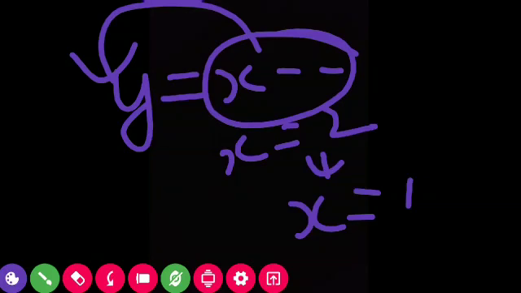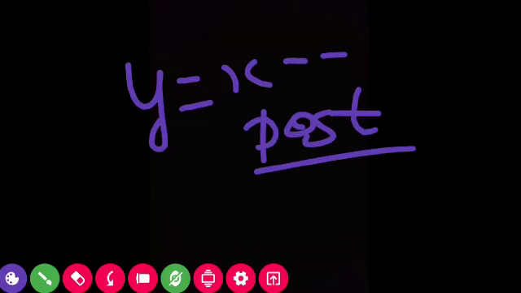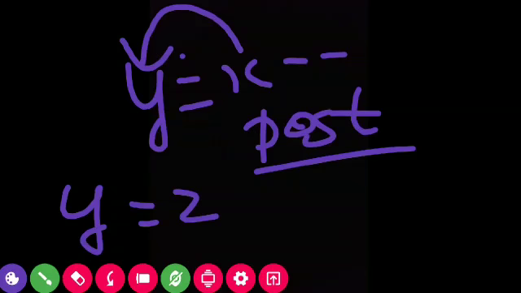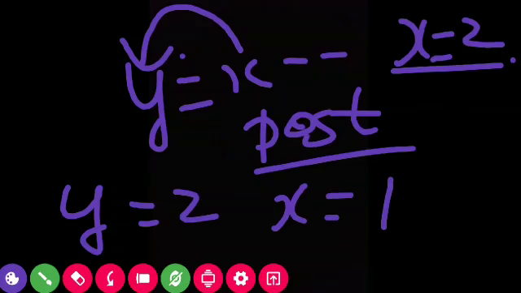Here we are talking about the post-decrement. So what actually is going to happen is the reverse: y is equal to x minus minus. The value of x will first be assigned to y because it is post, so y becomes 2. And now the value will be reduced, so x becomes 1. This is the case when x was taken to be 2.